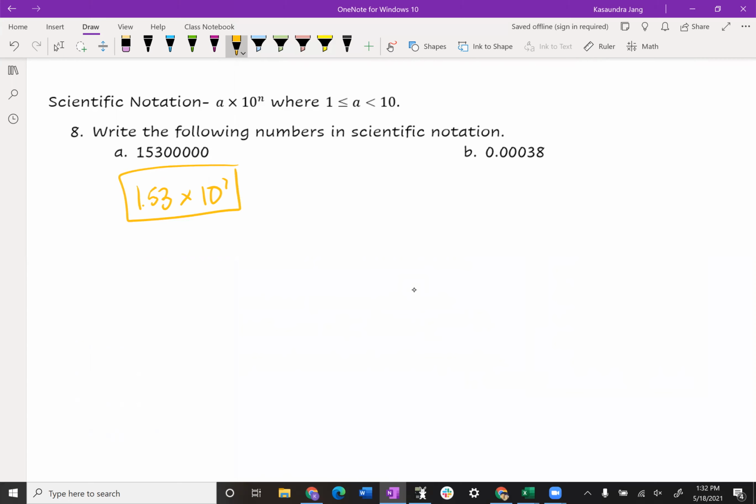This one looks like if I move the decimal over once, twice, 3 times, this would give me like a 0.38, but that is actually still not between 1 and 10. That's less than 1. So I think I got to move it over one more time to get like a 3.8, which is between the 1 and 10. All right, and then 10 to the, I moved it over 1, 2, 3, 4 times.